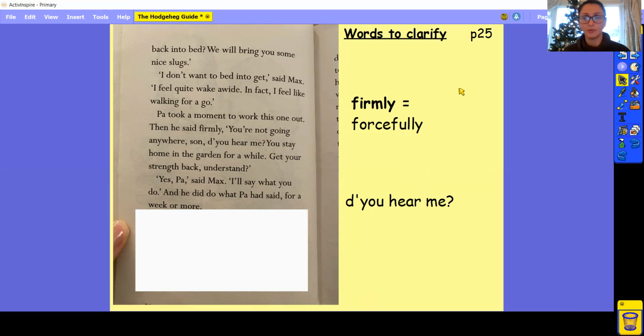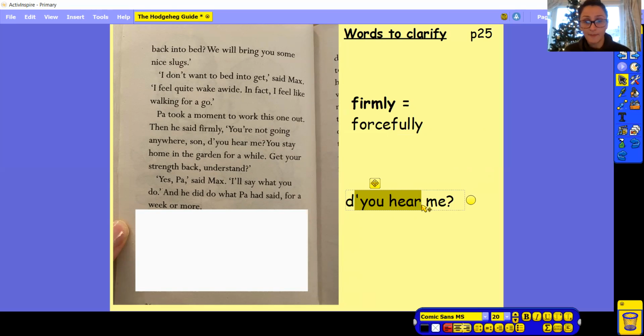It means to say something in a very strong and forceful way. And again, we've got this, "do you hear me?" Again, it's dropping that "do you" for an apostrophe. So remember, we've got a bit of an omission there. Remember, it's just a way of speaking.